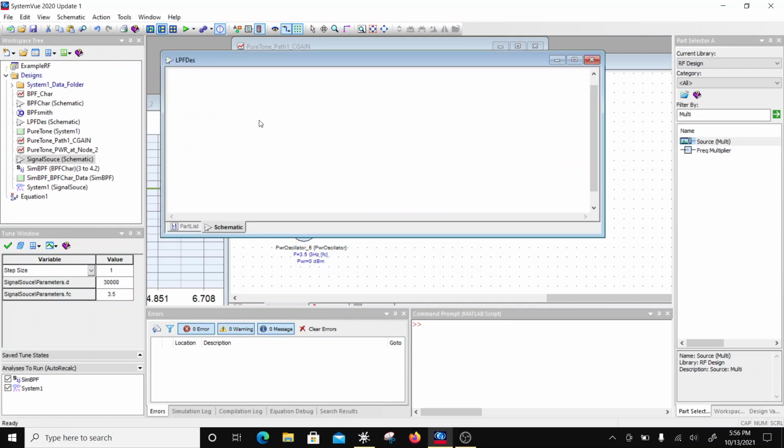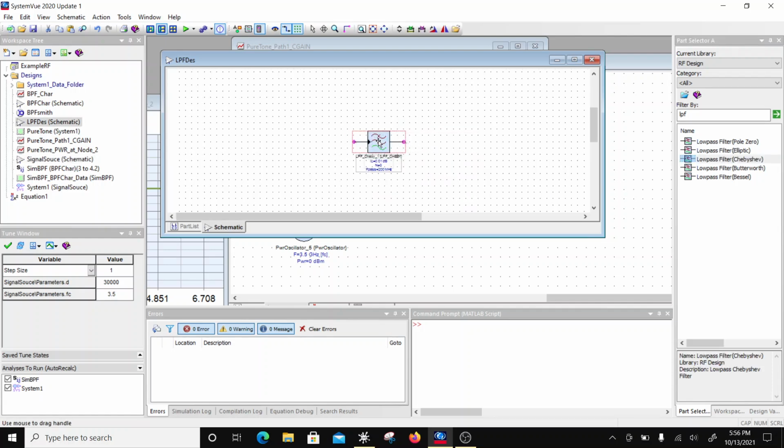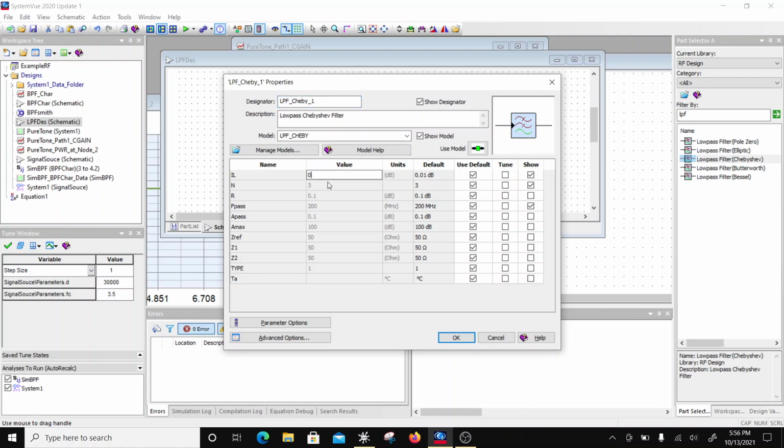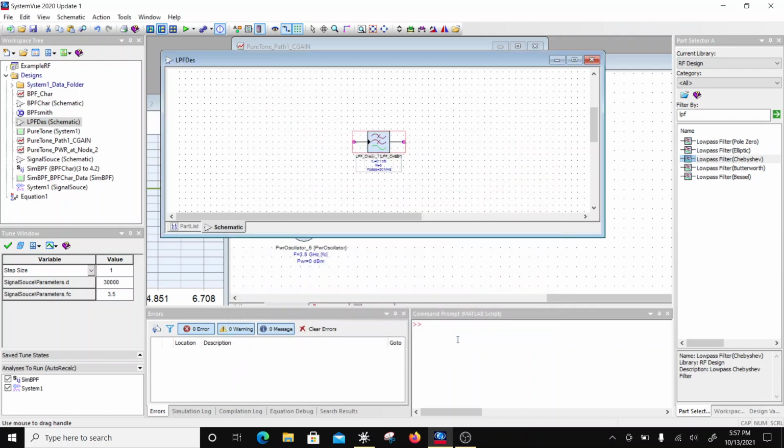And here I am going to put in LPF Chebyshev maybe, and here I am going to specify insertion loss of 0.1 dB, order as 5, and the ripple as 0.1, f pass at 30 megahertz, for example, because now we are sitting at baseband. A pass as let's say 40 dB as attenuation, and A max is 100. Okay, so we are done with it.